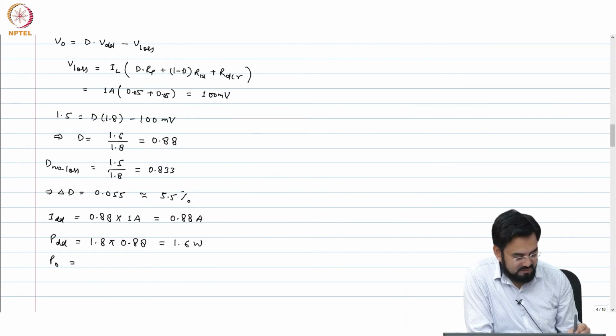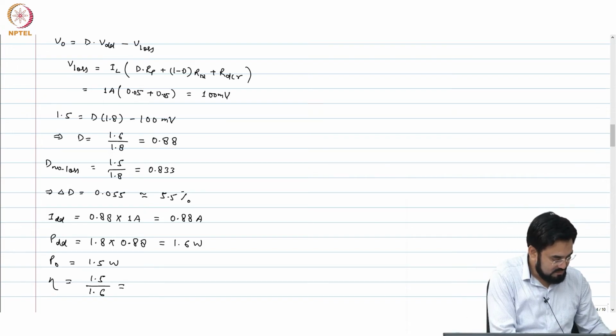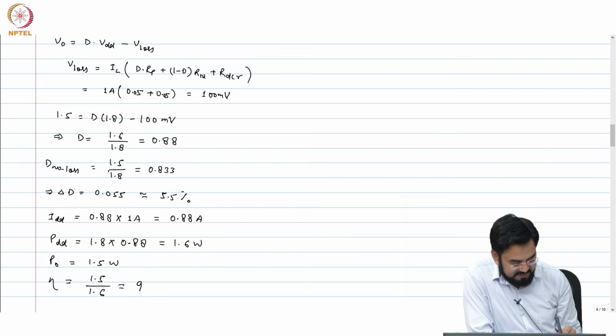P out is 1.5 watt. Efficiency is 1.5 over 1.6. Okay, if I am looking at percentage.